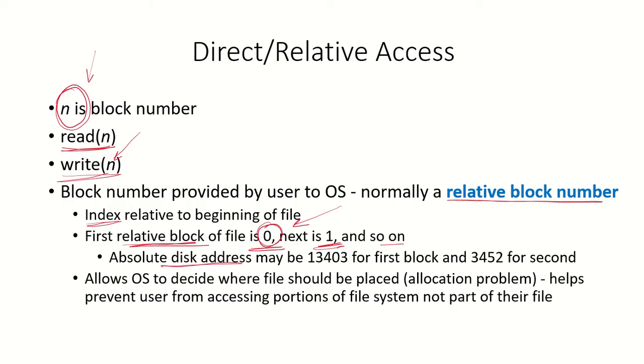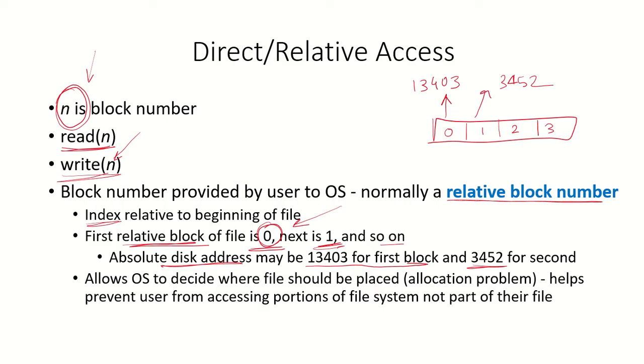The absolute disk address may be 13403 for the first block and 3452 for the second block. So 0, 1, 2 are the logical block numbers. This may be on block 13403 of the disk, this may be on block 3452 of the disk, and so on.